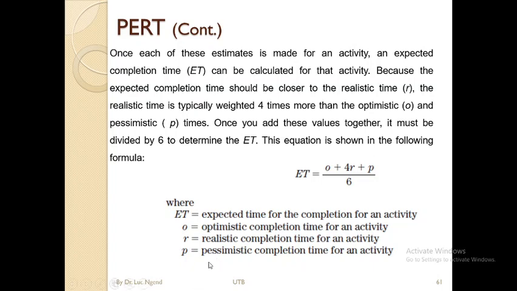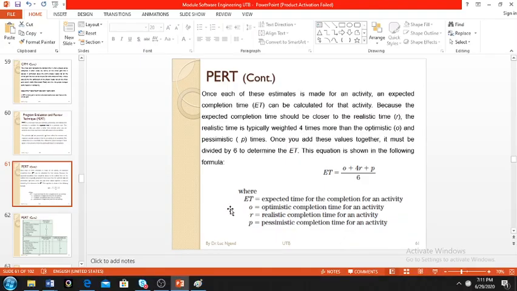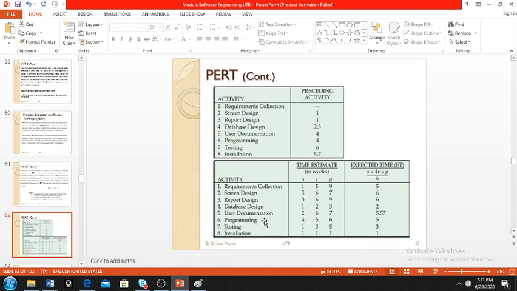Pessimistic, you are pessimistic, so you are not sure, and you think it's going to take more time. But your best guess, you are confident that it's going to take a realistic time, which is R. So you make your calculation and you get the result.